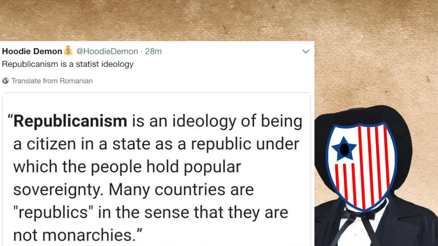And then Hoodie responded, "Republicanism is a statist ideology," and he had this image: Republicanism is an ideology of being a citizen in a state as a republic under which the people hold popular sovereignty. Many countries are republics in the sense that they are not monarchies.